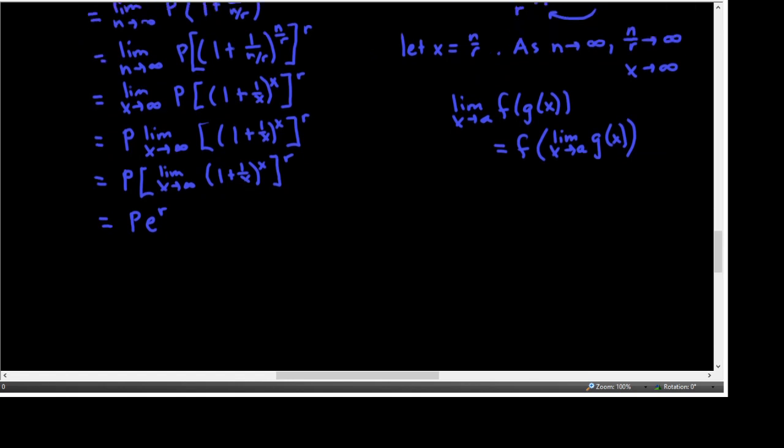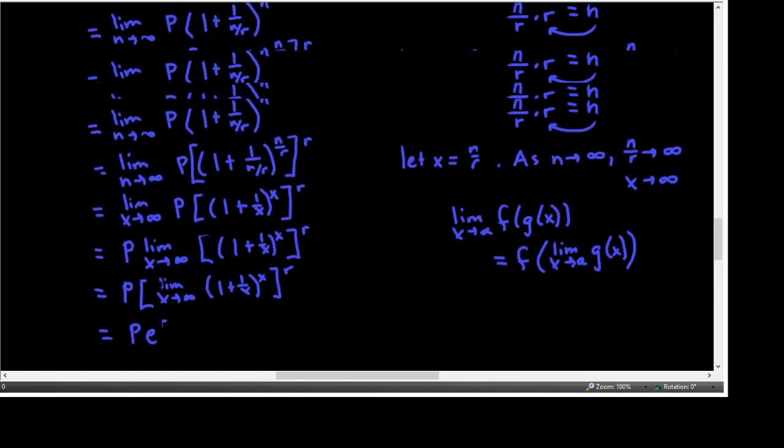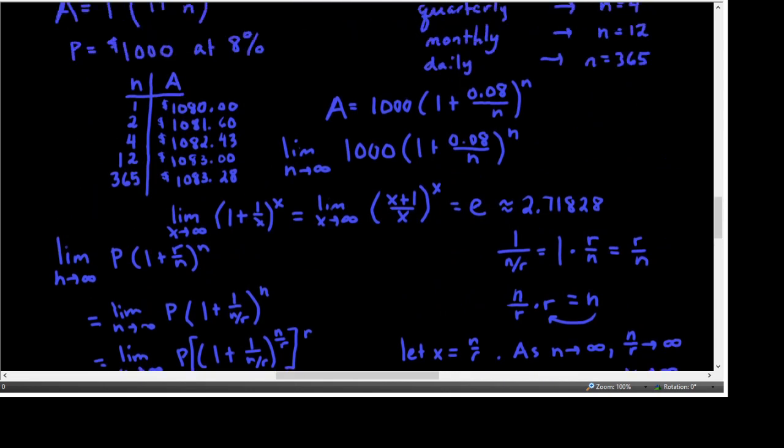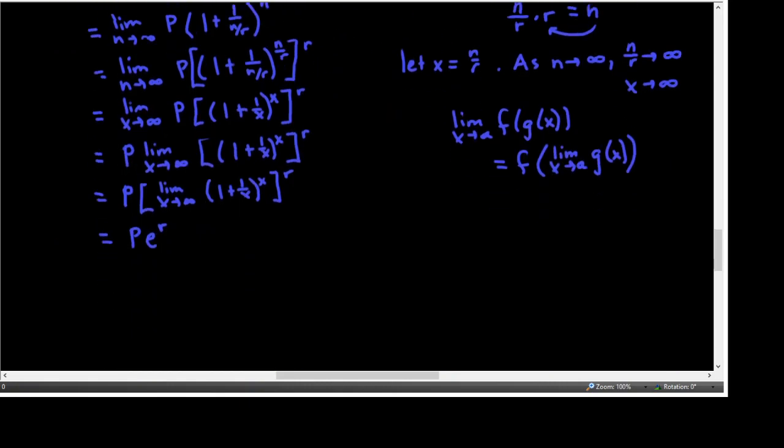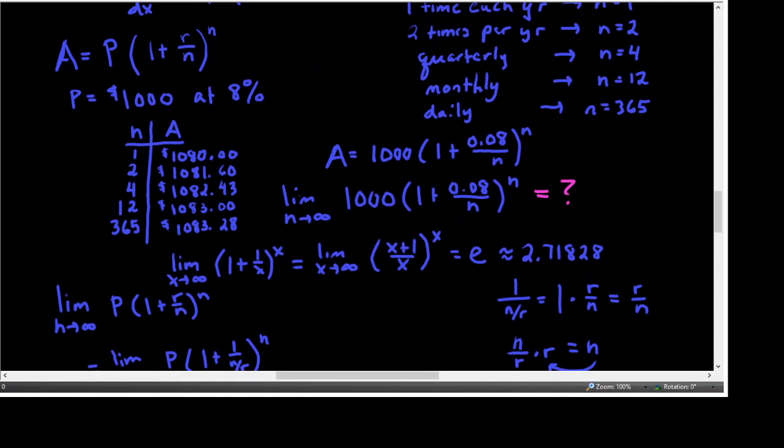So, going back to our problem with the $1,000 investment and an interest rate of 0.08, what would the limit be? That's what we were trying to find earlier. I'll highlight it in a different color. Well, what would that limit be? And I had to do a whole lot of side work to figure that out. But as it turns out, according to the work down below, that's going to be P, which in this problem is 1,000, times e to the r in decimal form, so that's 0.08.